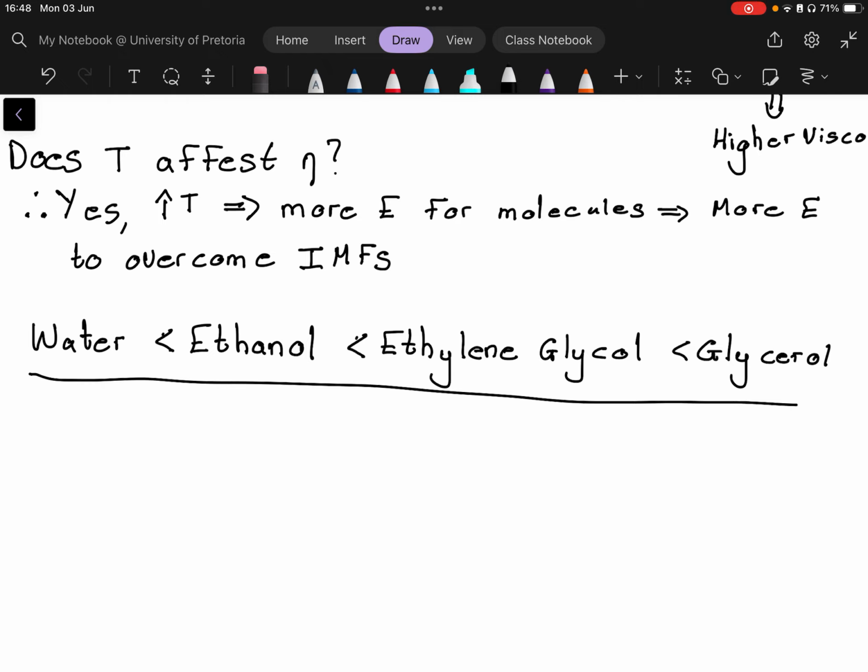And why? The exact ranking is a bit difficult. For example, water versus ethanol, which one exactly has the stronger intermolecular forces? You'd have to do exact measurements and calculations. But for the purposes of this, we're looking at which one is bigger. Ethanol is bigger, it is longer, so we place them in increasing size. They all have hydrogen bonding, so we assume they are polar and they all have the same intermolecular forces.